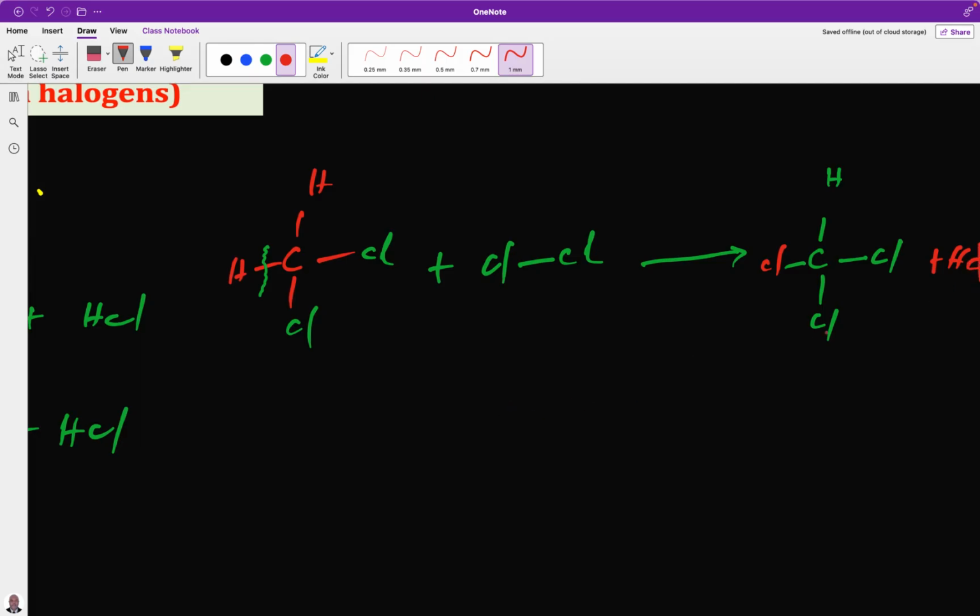Then this product again will come here. It has to react for the last hydrogen to be substituted. And that is how the whole thing goes.